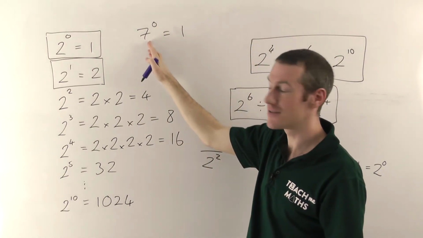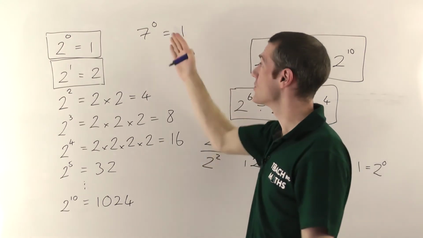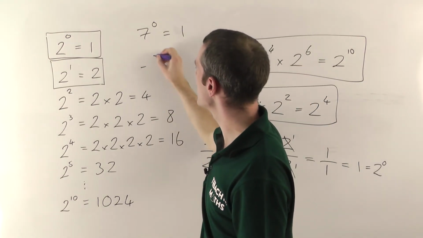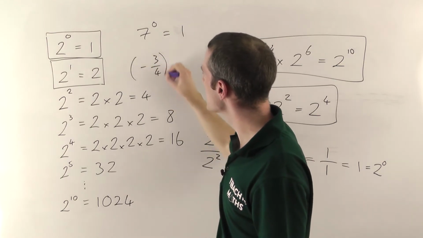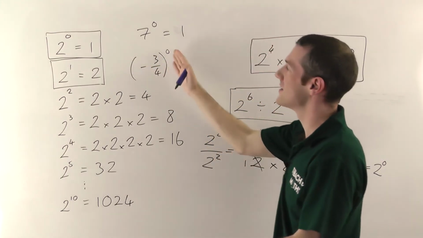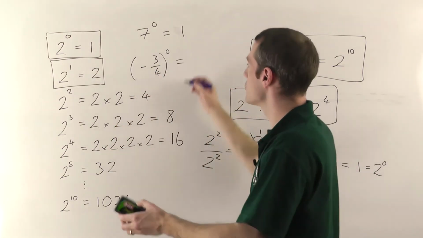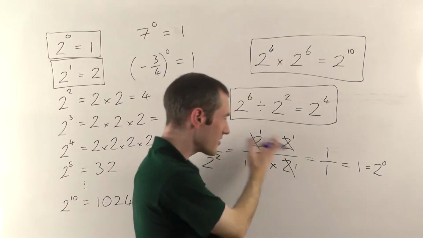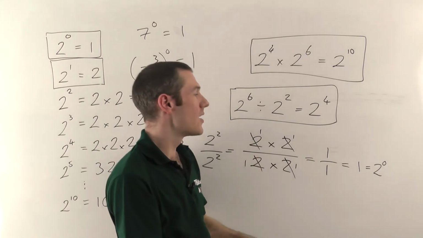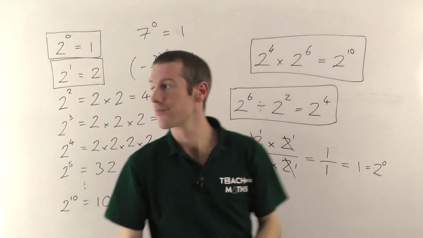All the 7s have cancelled. Yeah, you've got no 7s left here, so you've just got 1. And again, if you had minus 3/4 to the power 0, the 0 means all the minus 3/4 have cancelled. They've all disappeared. So you're just left with 1. When everything cancels, when you're multiplying and dividing, you are left with 1.